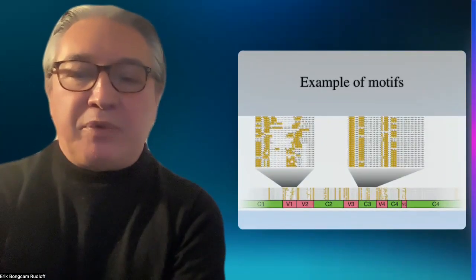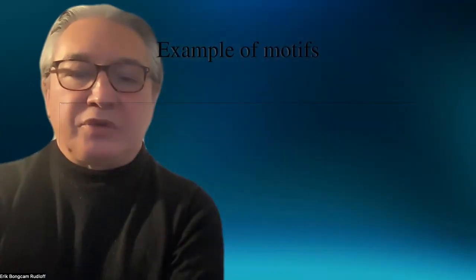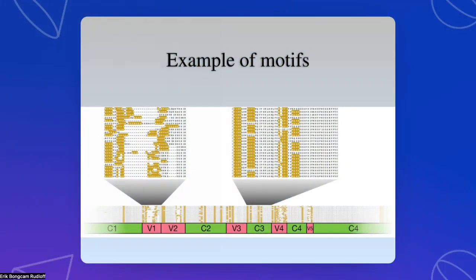As an example here, you can see these are example of motifs. So you have there areas that are very well conserved, but as you can see, most of the sequence areas are not very well conserved when you compare several members of the same family.